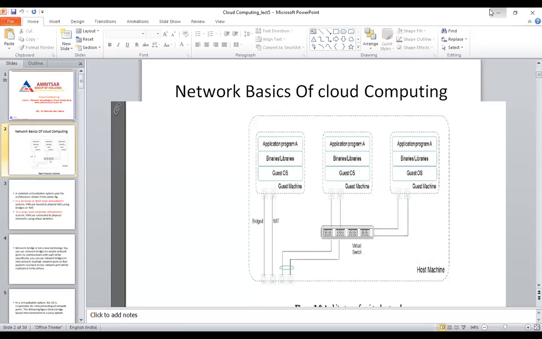We'll talk about the protocols and the identity management concept, how it is being used, and what the various versions of identity management are. These things we will discuss in part 3 and part 4. Part 1 and part 2 will be completed in the next lecture.